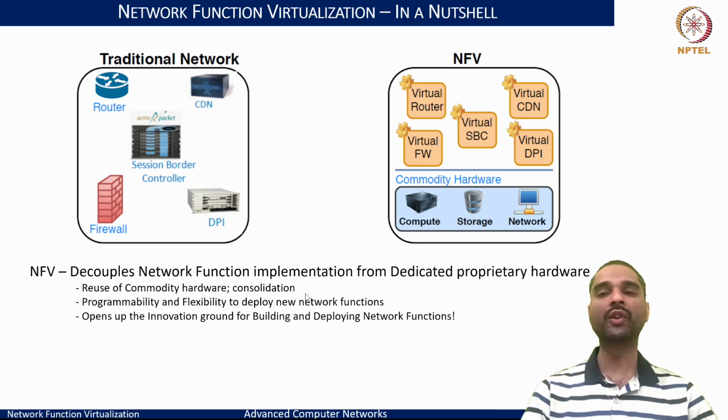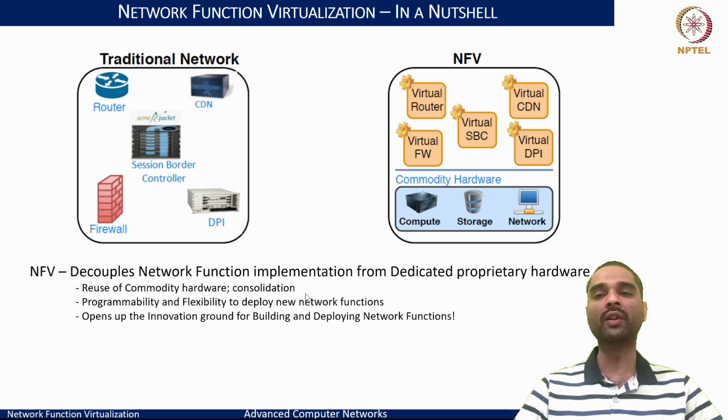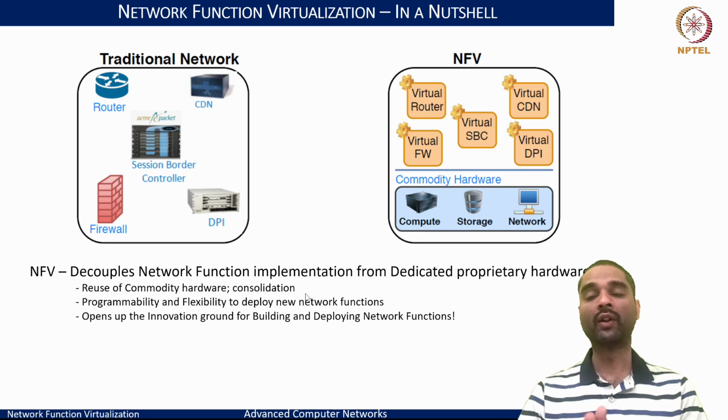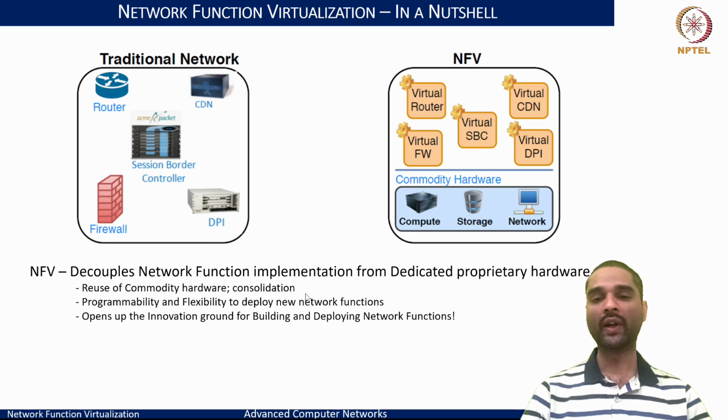And now, because these are softwareized instances, we would again get the programmability aspects, which brings a lot of flexibility in terms of how we want to deploy these network functions. In fact, when we decouple the hardware from the software, we can run it anywhere, on any machine, any node. And this is the other flexibility that it is going to provide when we think of going towards NFV.